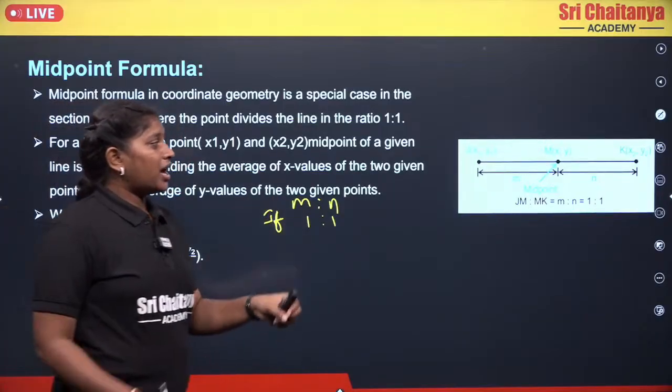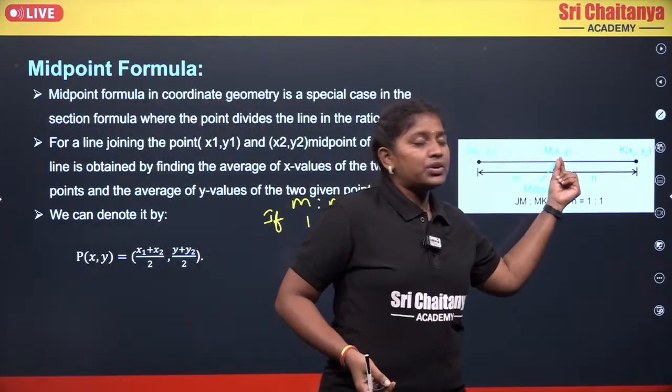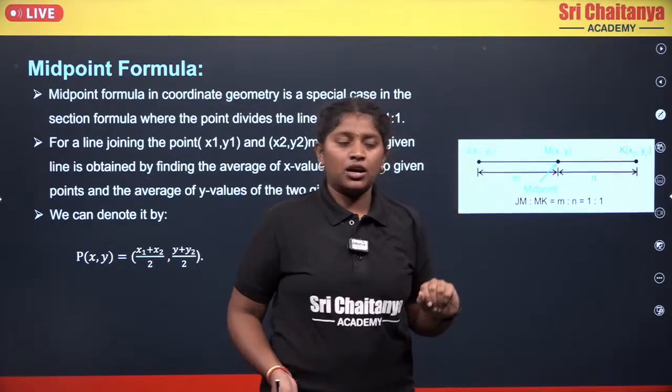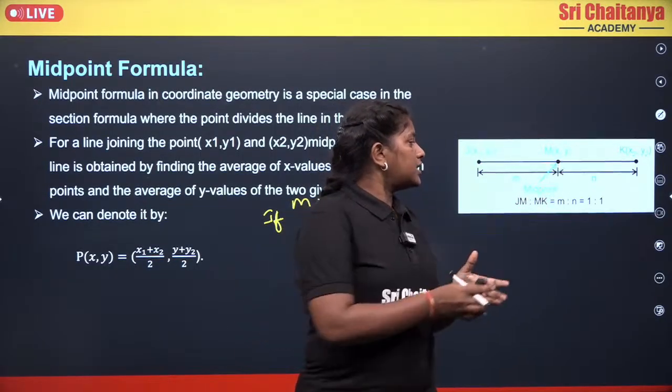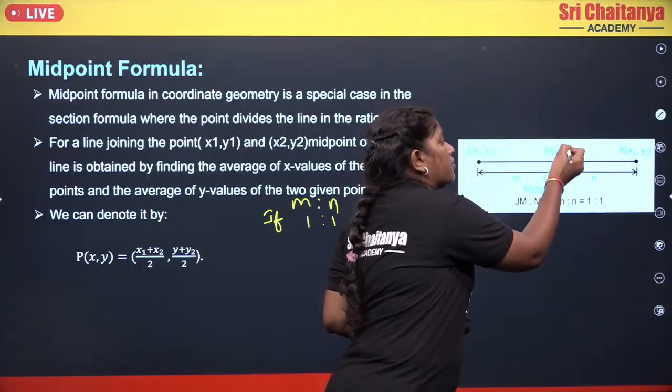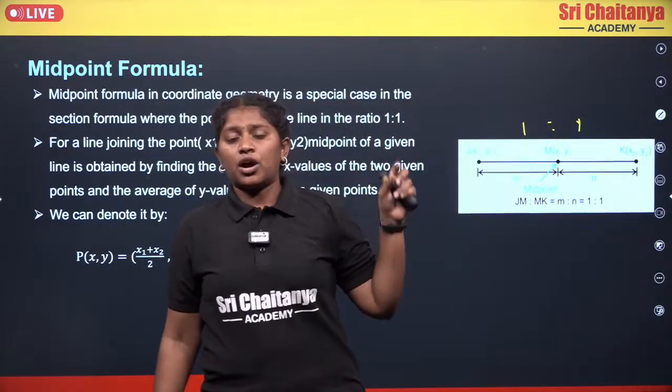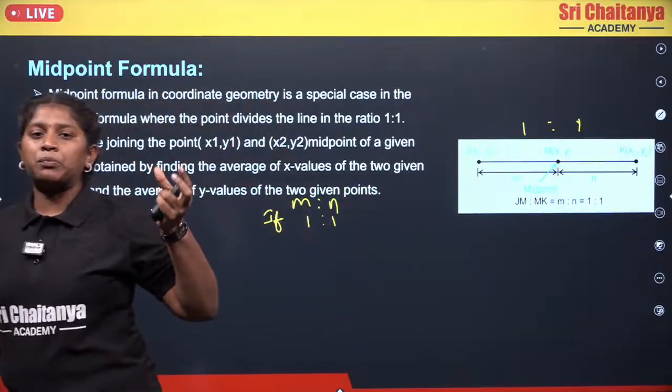It means we have a point M which is dividing our line segment AB into two equal parts, in the ratio of 1:1. That point we are going to consider as the midpoint.